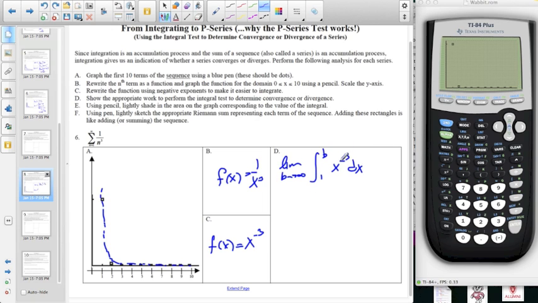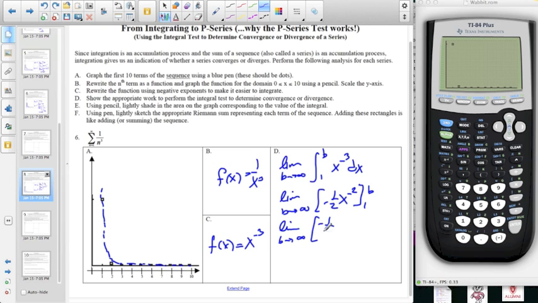And so bumping this up is a minus 2. The reciprocal of a minus 2 is negative 1/2. So we're talking about the limit as b approaches infinity of negative 1/2 x to the minus 2 from 1 to b. And so evaluating that limit, this is negative 1 over 2x squared.